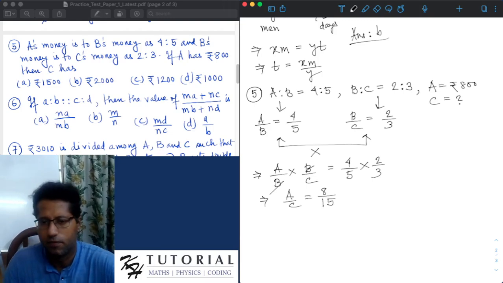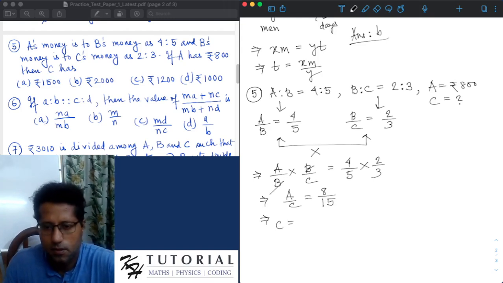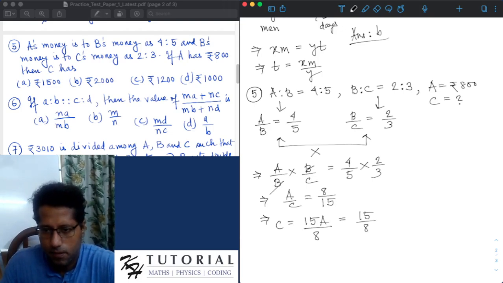A by C is 8 by 15. And so from this we can say that C equals 15A by 8. A is given, this is rupees 800.